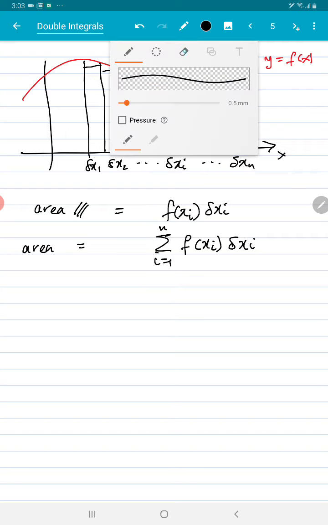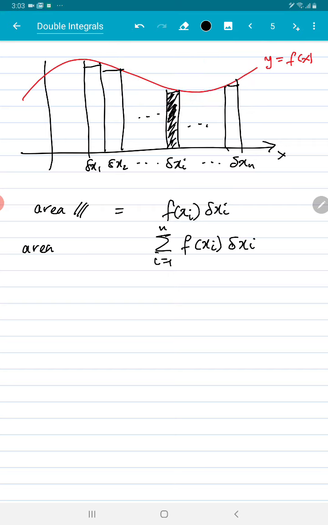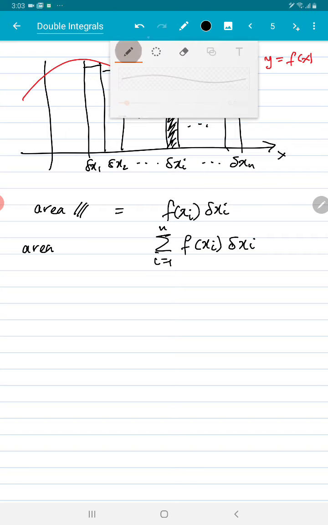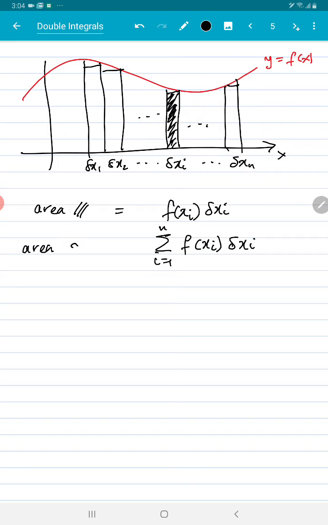But that is not really accurate, so it's approximately equal to, because here we have this gap. To make things more accurate, we make the width very close to 0.